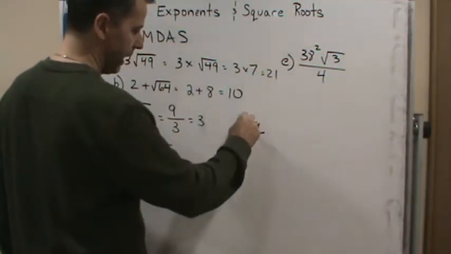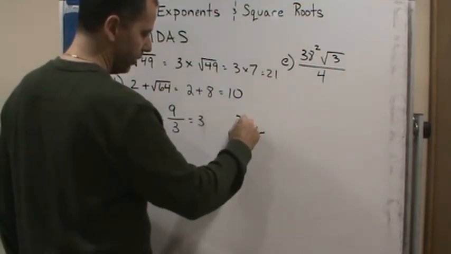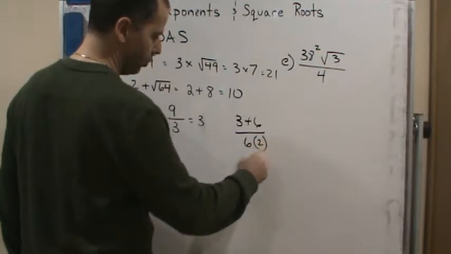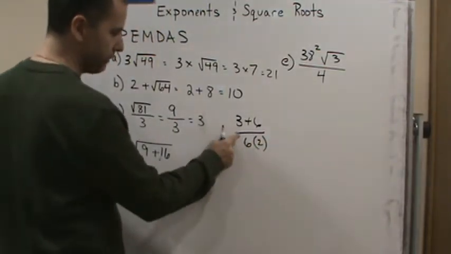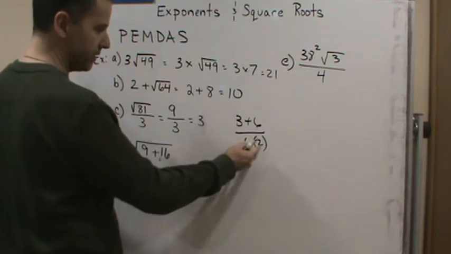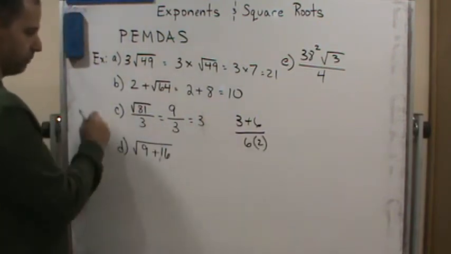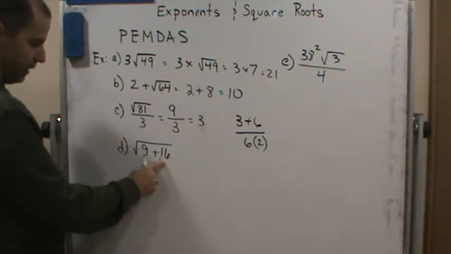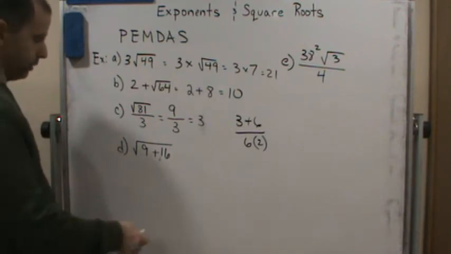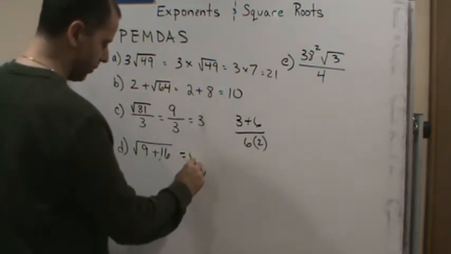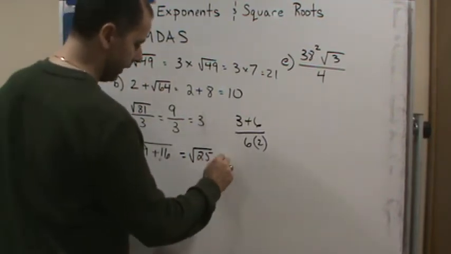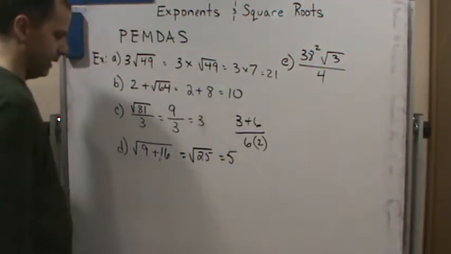If you've got something going on like 3 plus 6 and 6 times 2, you're going to want to simplify the top and the bottom first. So this is another exception to PEMDAS, right? If there's something going on under the radical like this, then you want to do this first before you do the square root. So in this case, we would just write this as the square root of 25, and then we can simplify it to 5.